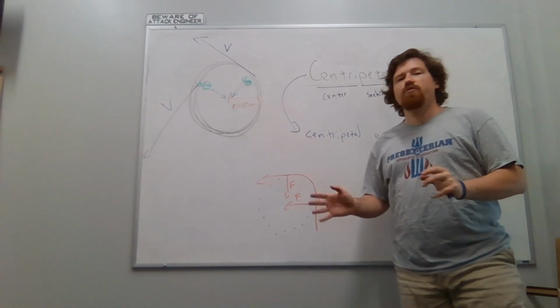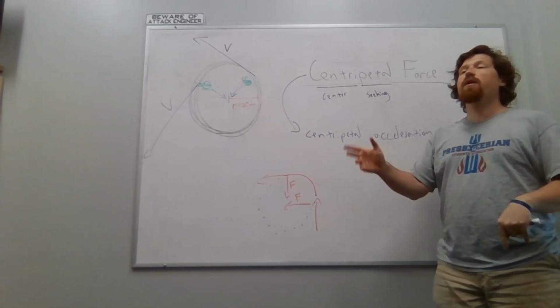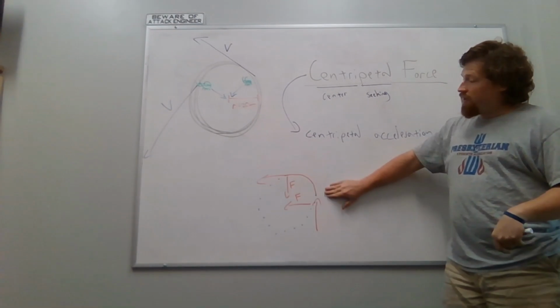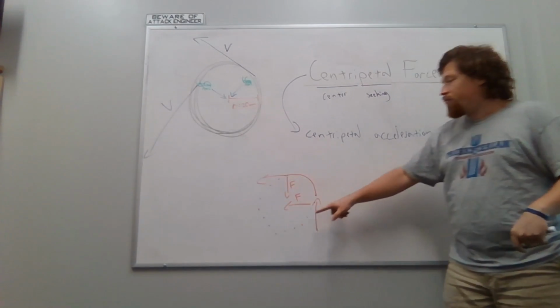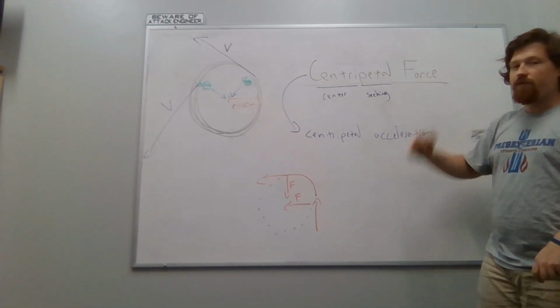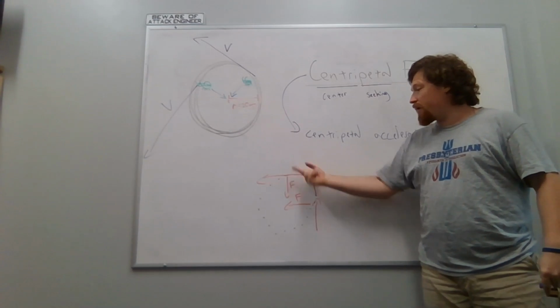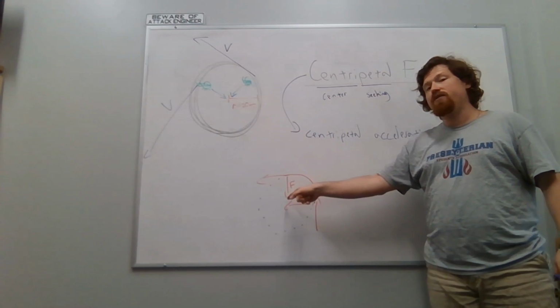When you are turning your car as you are driving, this arc length here is just part of a bigger circle, and the friction from your tires is acting as a centripetal force to cause your car to orbit about the center of that circle.